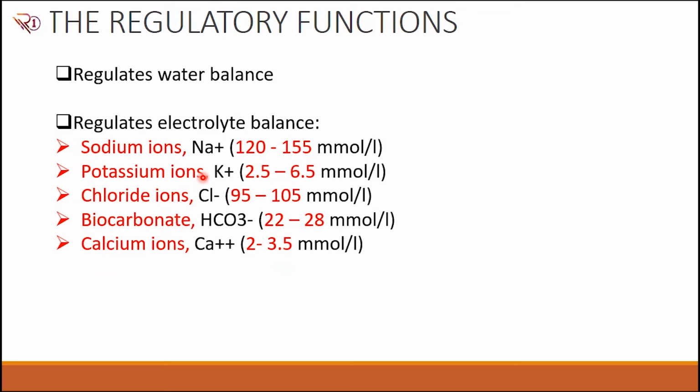Sodium ions, whose value is approximately 120 to 155 millimole per liter. Potassium ions 2.5 to 6.5 millimole per liter. Chloride ions 95 to 105 millimole per liter. Bicarbonate 22 to 28 millimole per liter. Calcium ions 2 to 3.5 millimole per liter.